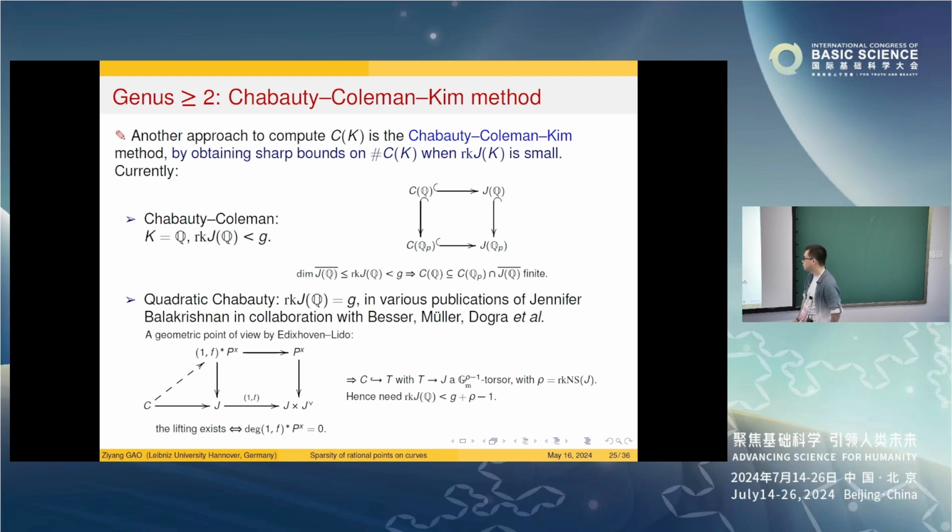So this is the question. And the condition for such a lifting to exist is exactly that the degree of the pullback restricted to C is 0. And then how many of these do we have? Well, it's the rank of the Néron-Severi group minus 1. So if the Jacobian has a large Néron-Severi group, then we allow the rank to be smaller than something larger than g. Okay, so this is what happens.